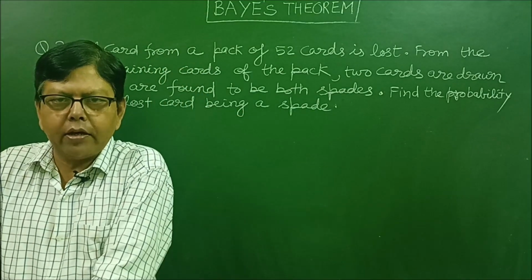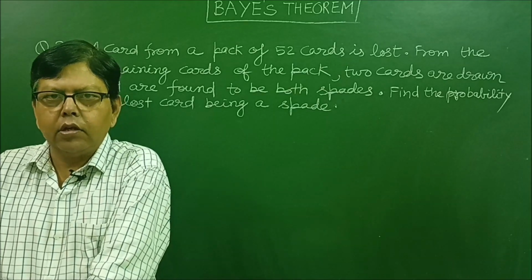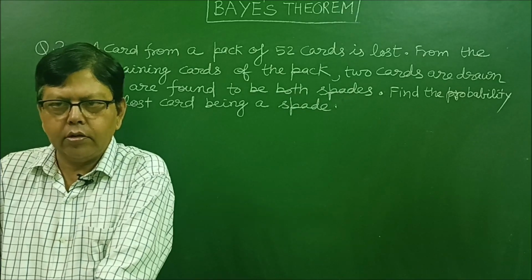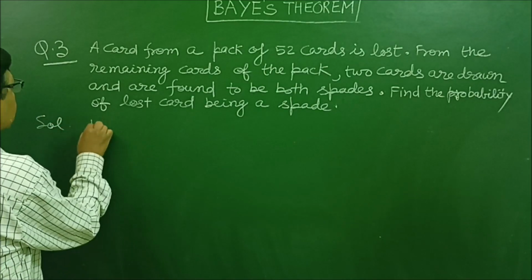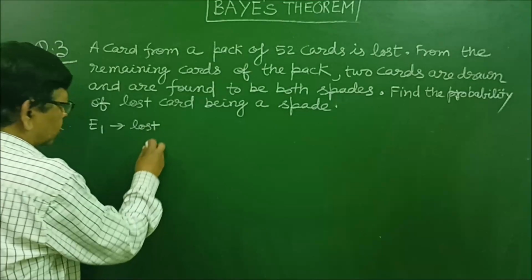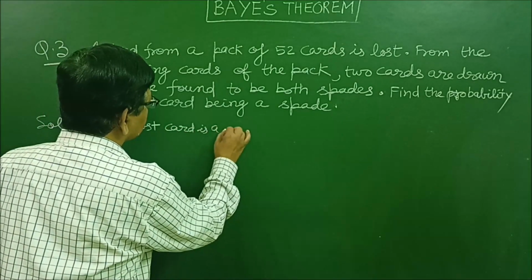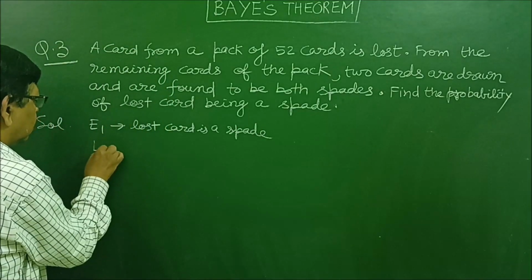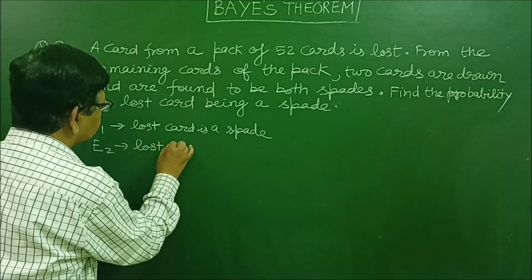So from the pack, a card is lost. Now there are 2 possibilities: the card belongs to spade or the card does not belong to spade. Let event E1 be the lost card is a spade, and E2 is the lost card is not a spade.